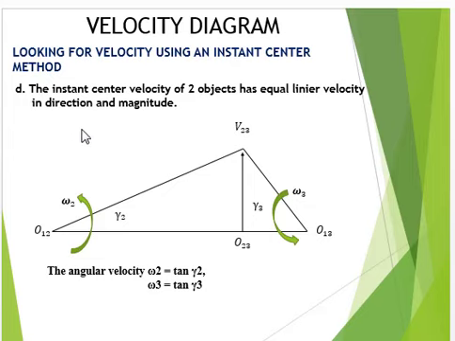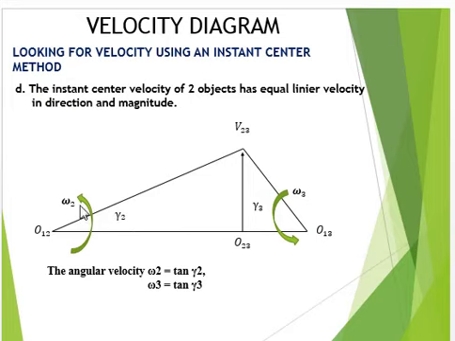The fourth principle: the instant center velocity of two objects has equal linear velocity in direction and magnitude. You can look at the picture below. In the following discussion, the object angular velocity is also tangent.